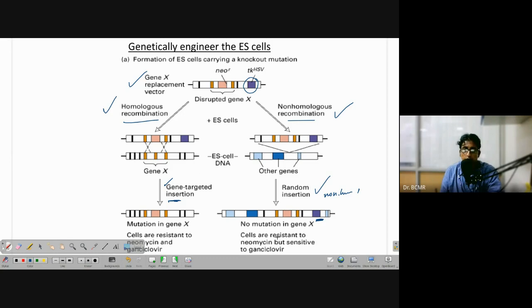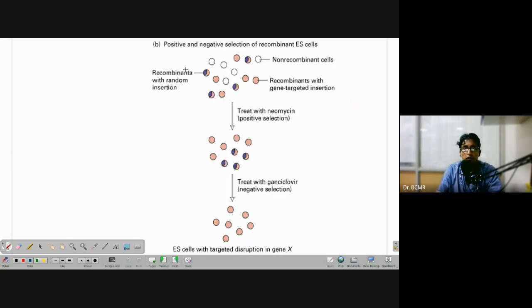And so we can first select using positive selection. We should be able to select recombinants from non-recombinants, whichever has received DNA or not. So when we use neomycin, all those that receive the DNA will survive and the rest will perish, like these ones. Now we have to separate the homologous recombinants from non-homologous recombinants, right?